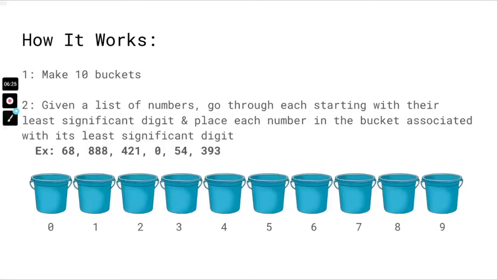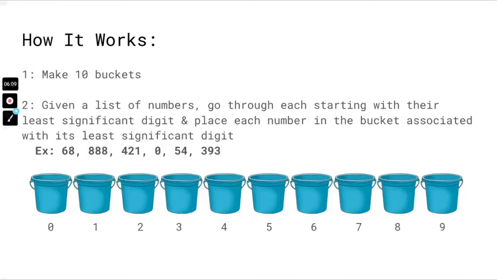sorting algorithm works. So then, given a list of numbers, you're going to go through each number, starting with their least significant digit, and then placing each number into the bucket associated with its least significant digit.